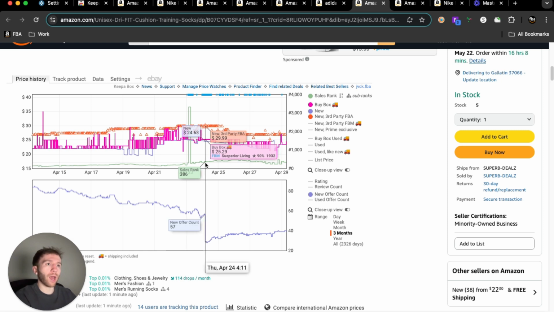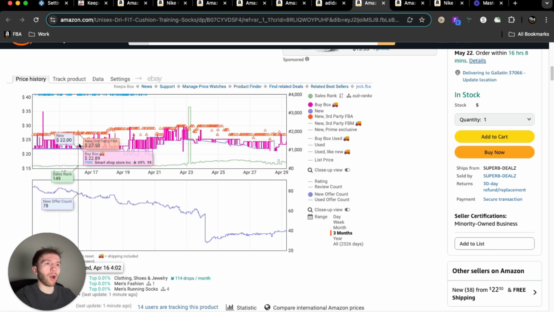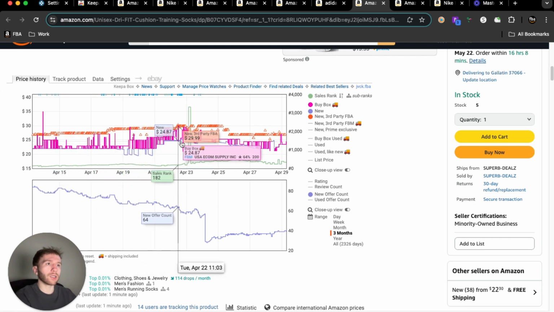So that is what happened here, but it's the same type of process as an IP complaint works. So if you see something like this and it's not a Nike product, you're probably going to want to be a little more cautious of that product and maybe not sell it at all, because you don't want an IP complaint on your account. Other than that, this isn't a bad product because you can see the consistency here.